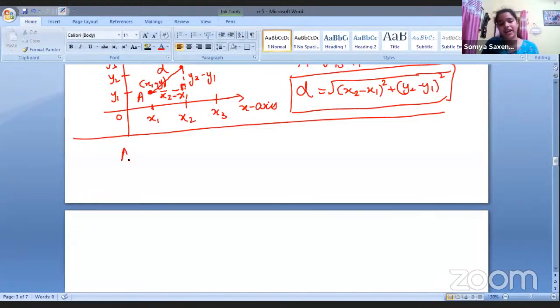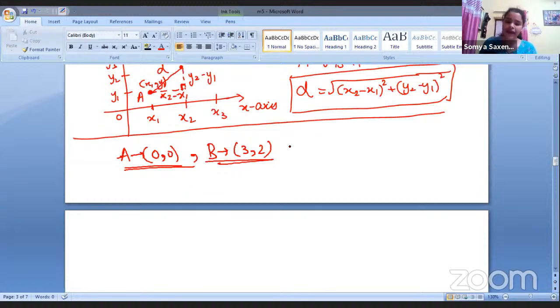If I say that point A is the origin, which means the coordinates will be 0 comma 0, and point B is 3 comma 2, I have to find the distance between these 2 points. One is the origin and another is this. So my distance formula is further simplified. Why? Because if this is x1, y1 and this is x2, y2, we have to subtract x1 and y1.